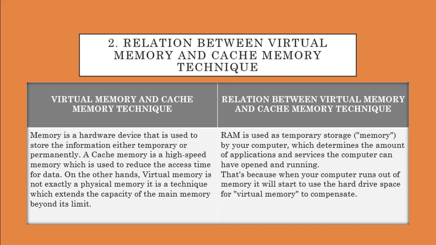That is because when your computer runs out of memory, it will start to use hard drive space as virtual memory to compensate. So, the relation between virtual memory and cache memory technique happens when this situation happens. Cache memory is a physical memory and virtual memory is not exactly a physical memory.